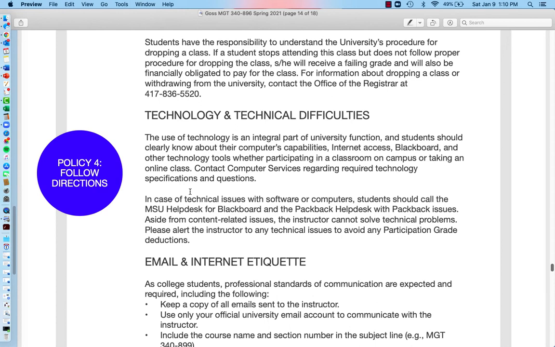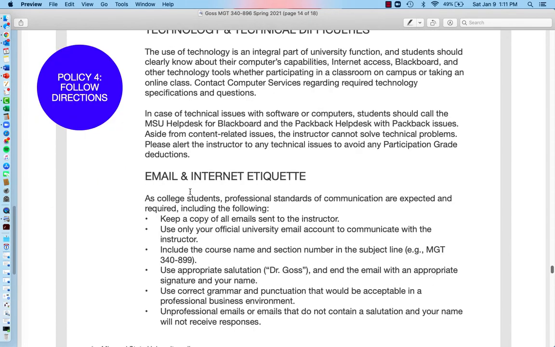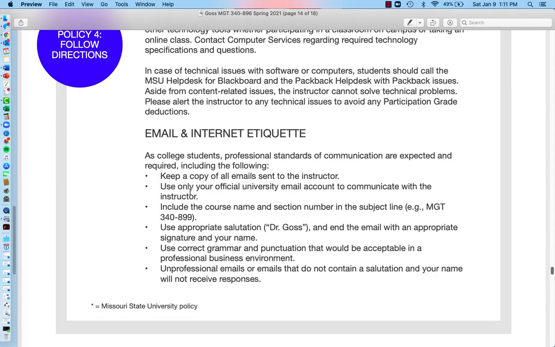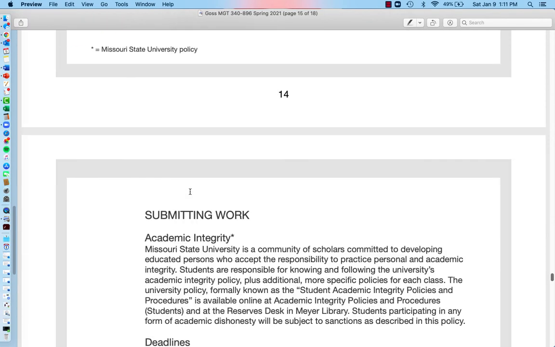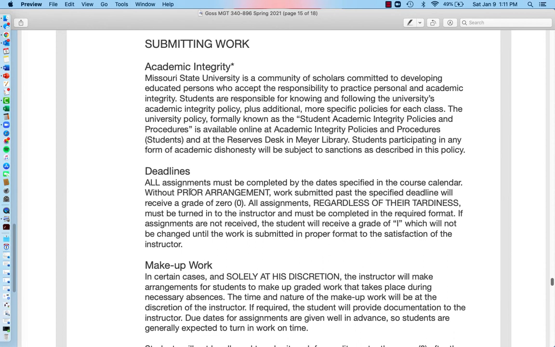I don't necessarily require all of those things, but if you don't have access to them, it's going to be very difficult for you to successfully complete an online course. So please make sure that you have those materials available. I also spoke with you earlier about how to write an email. Here's another reinforcement of that for your information.